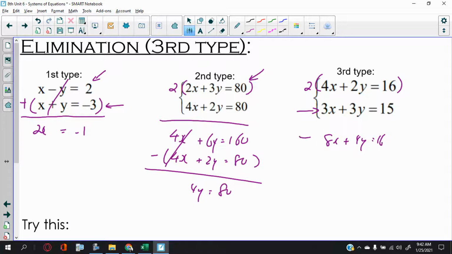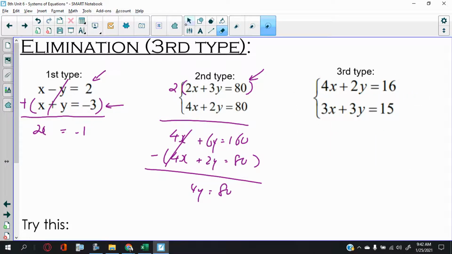If you compare these two equations, there's really nothing you can do. If you add or subtract, you're not going to eliminate one of the variables. Nor would that help if you change the bottom one. So let's say you multiply the bottom one by a factor. Same thing, there's nothing you can do. You can't multiply by 2, nor could you solve it the first type, meaning you can't just subtract them.